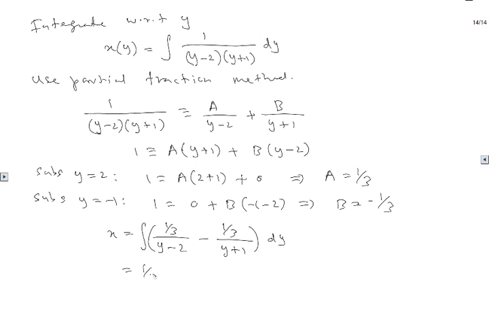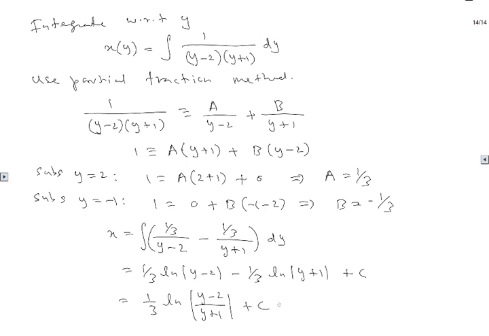Take the 1/3 out, then you can integrate this one, so you get 1/3 ln|y minus 2| minus 1/3 ln|y plus 1| plus C, and you can combine them into one. Okay, now this is a solution.